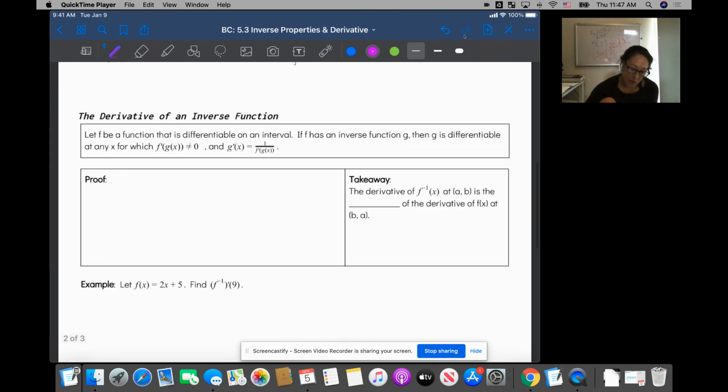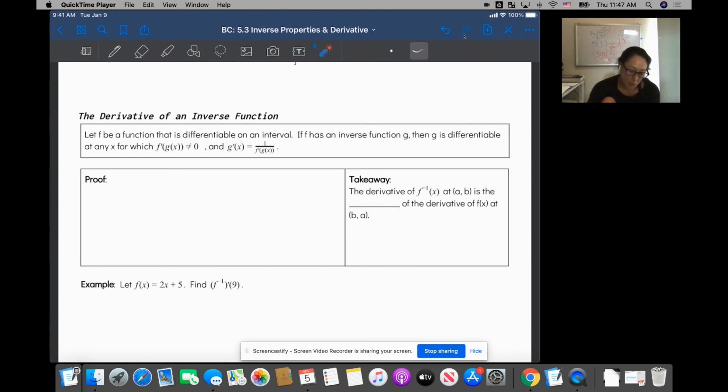Okay, up next. Now we're going to talk about derivatives of inverse functions. And so we're going to let f be a function that is differentiable on the interval. If f has an inverse g, then g is differentiable at any x value for which f prime of g of x does not equal 0.